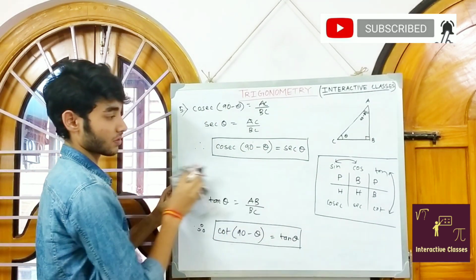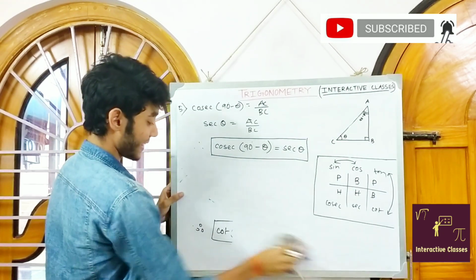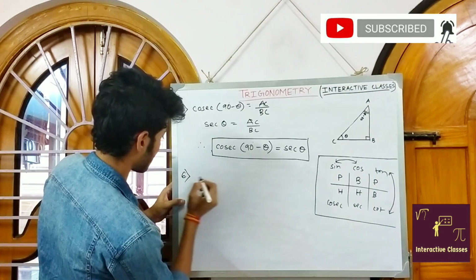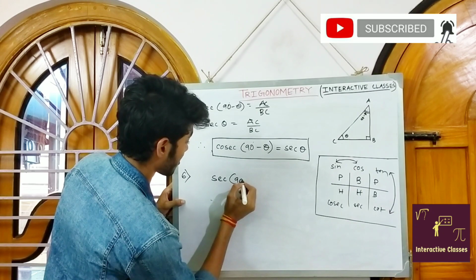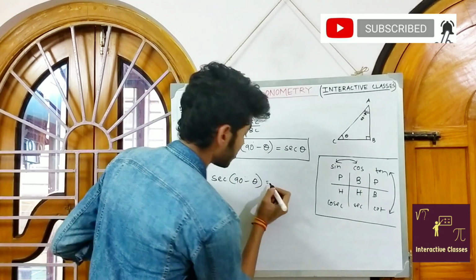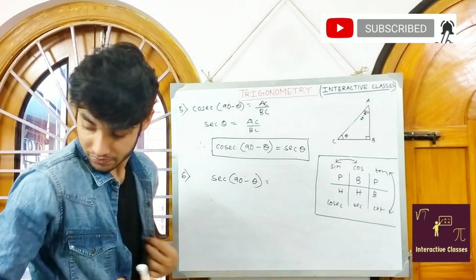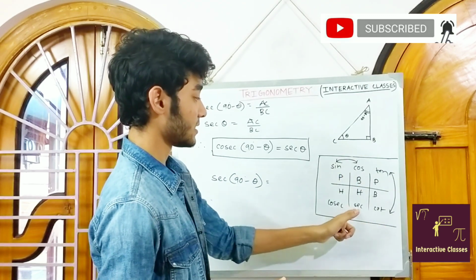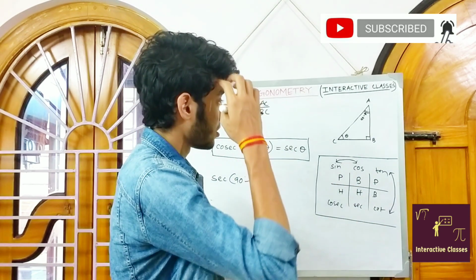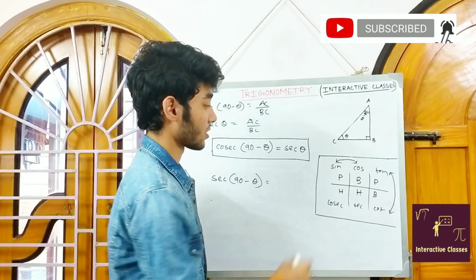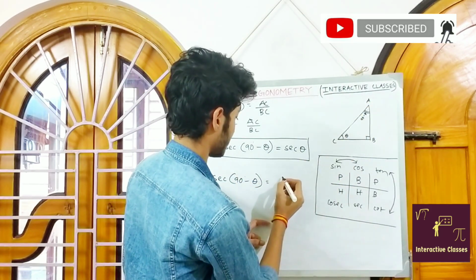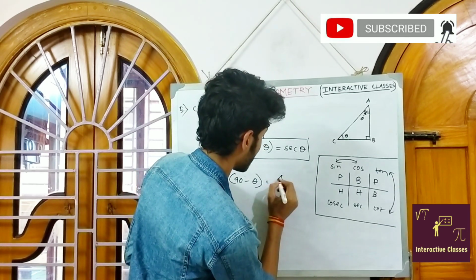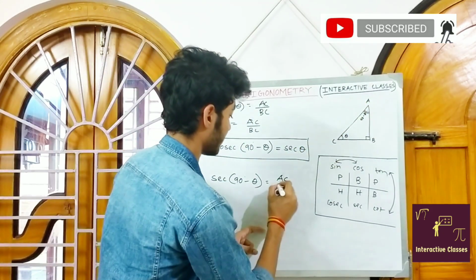Now let us see sec 90 minus theta. Sec 90 minus theta, here sec means hypotenuse by base. From this respect, the hypotenuse is AC and the base is AB.